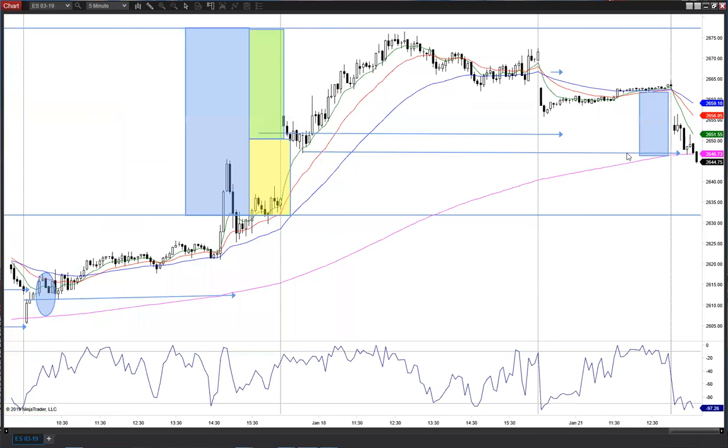Anybody that's played for 44 and a half, I said that's our next theoretical target, 44 and a half. Hit right there. Stops down. All you can do is trail right now if you're on the short side.